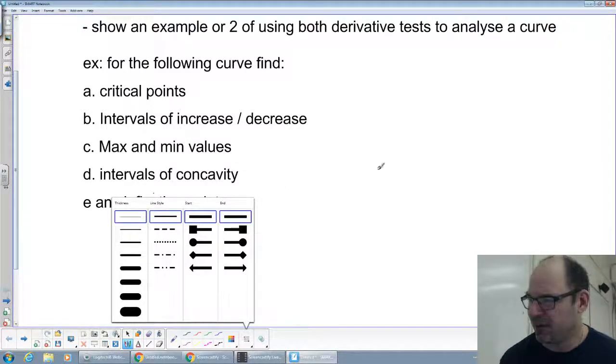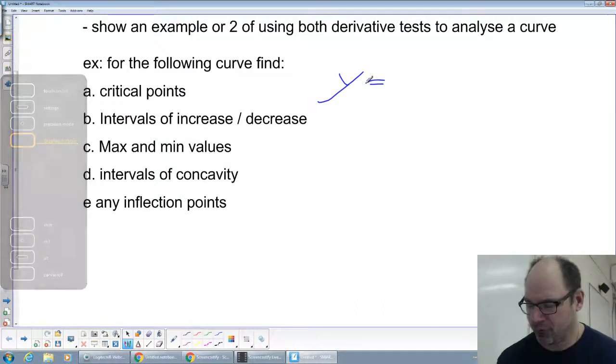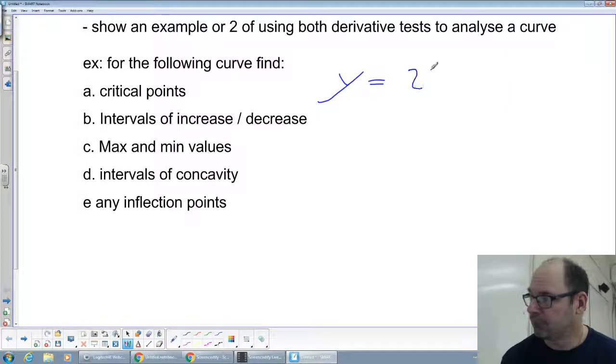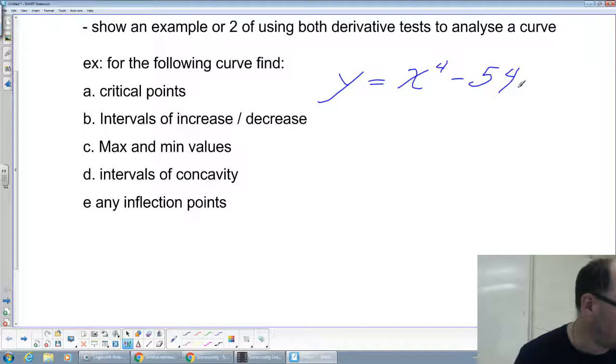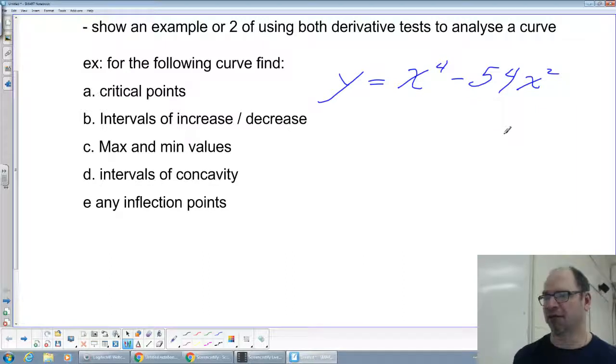Let's say the curve is y equals x to the fourth minus 54x squared. That's our original curve.